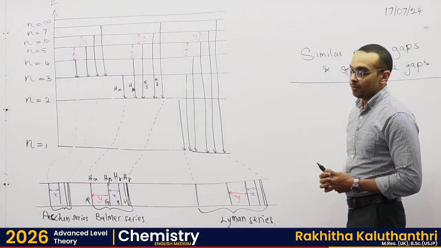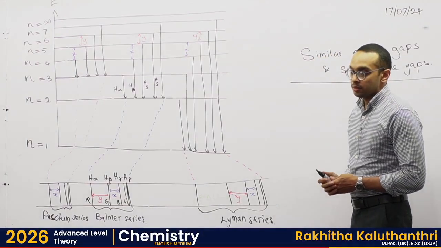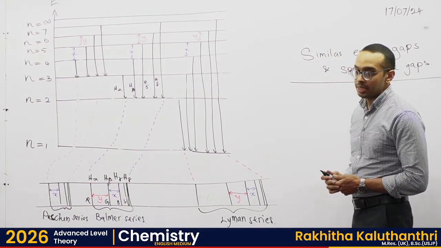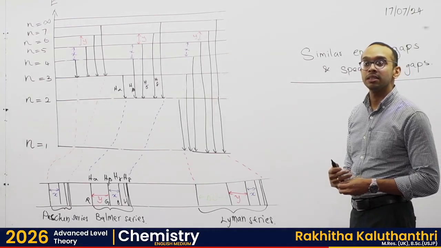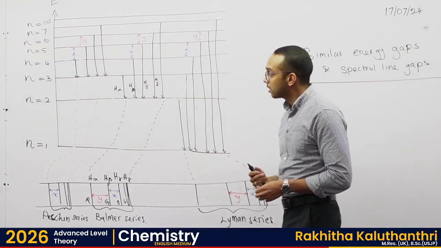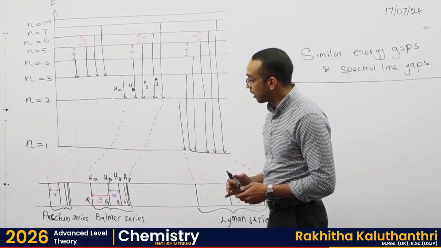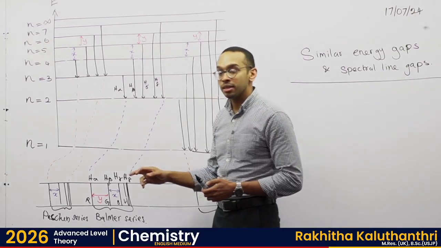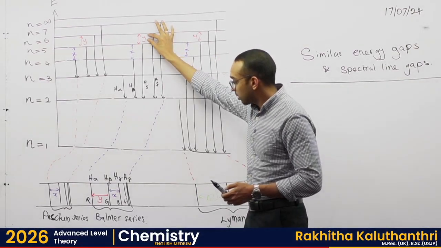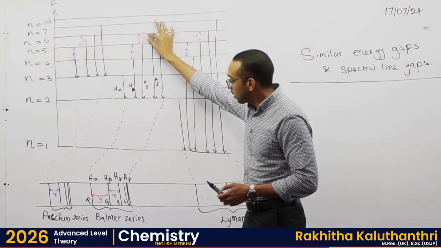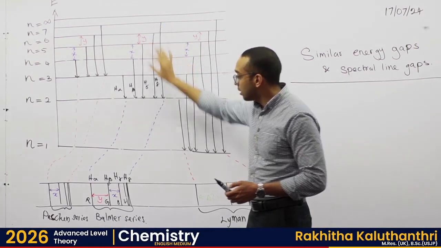Someone points out that the Y is smaller than X in the graph, but in the spectrum Y is larger than X. Bear with me a second.